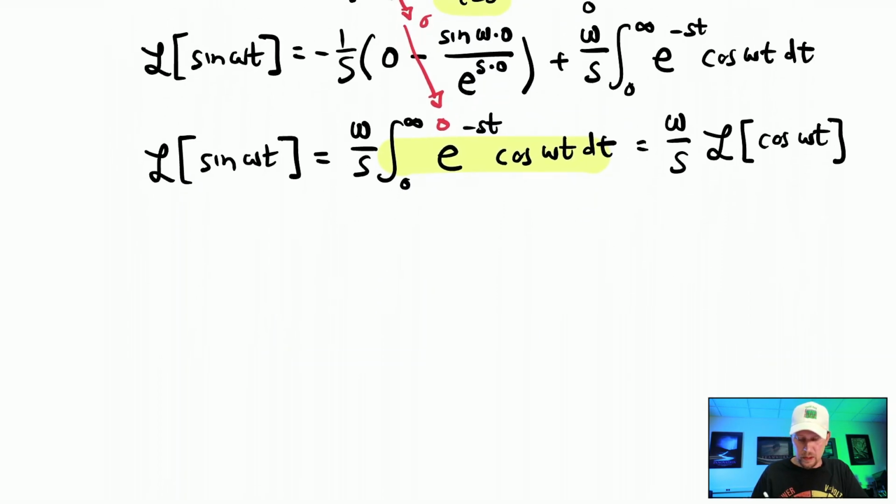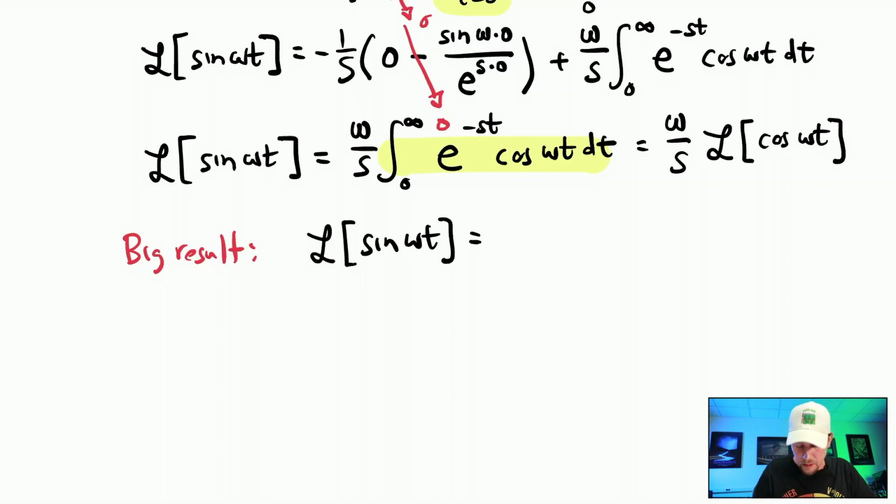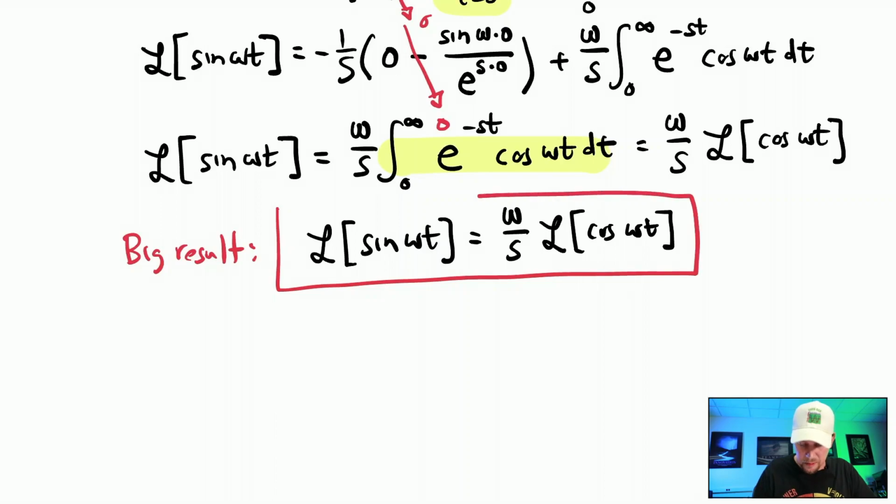I'm going to keep this result in my back pocket, because it is going to be used later on. The result is that the Laplace transform of sine omega t is equal to omega over s times the Laplace transform of cosine omega t, and I'll keep this under my belt.